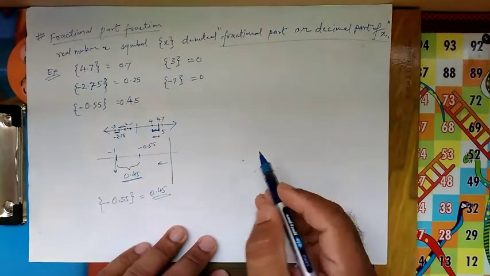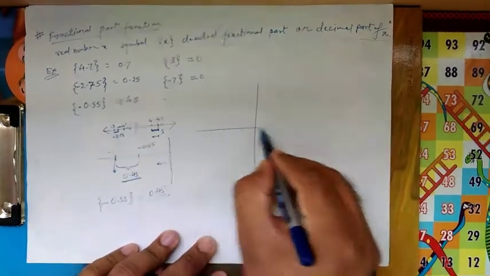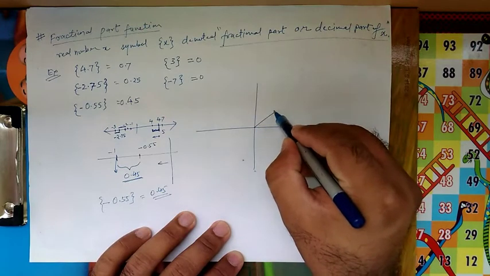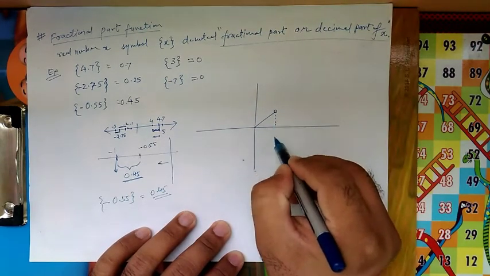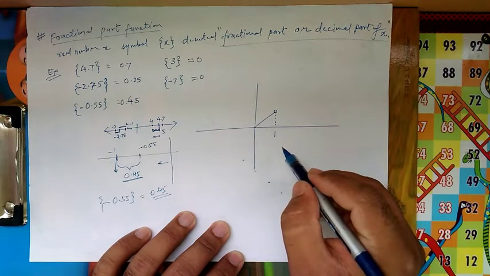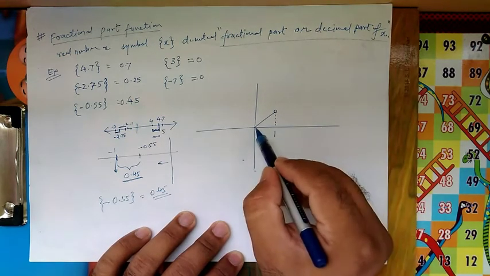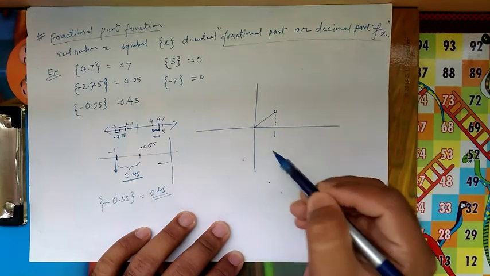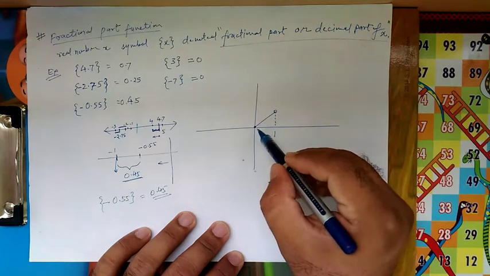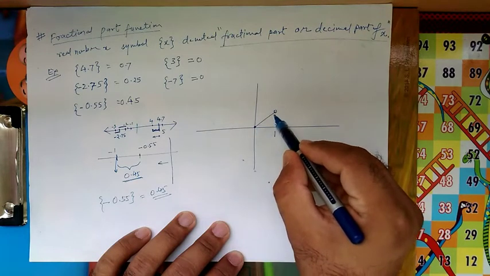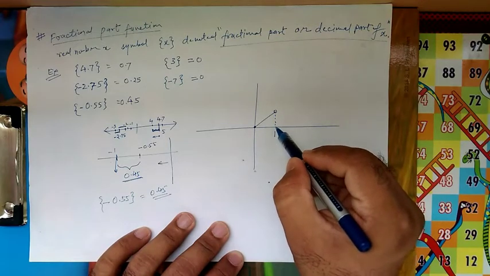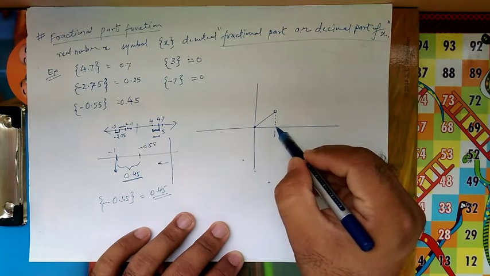Let us see the graph of this particular function. So it will give you this is 1, and whatever you are getting here you are getting close, whereas this one is in. This is the entire process, and from here to here we will be having the fractional part. But particularly here, this is an integer, you won't get here.